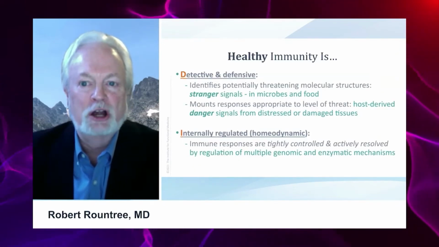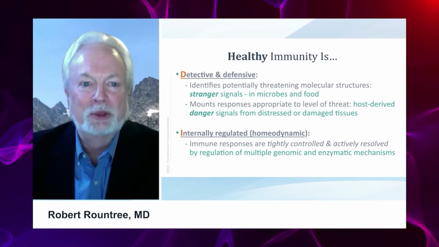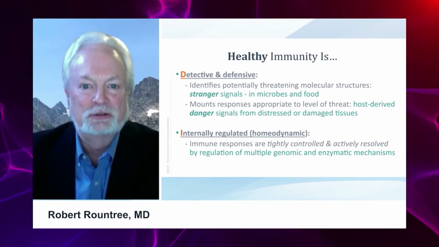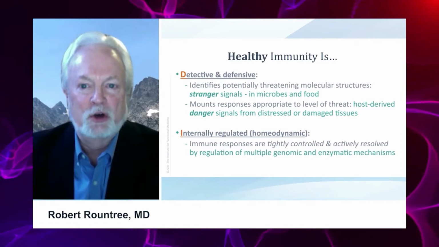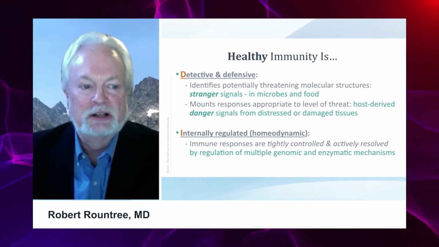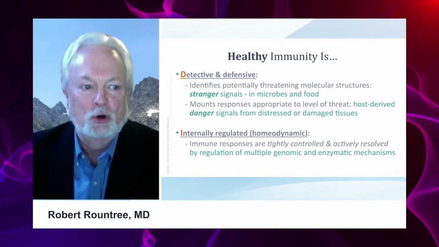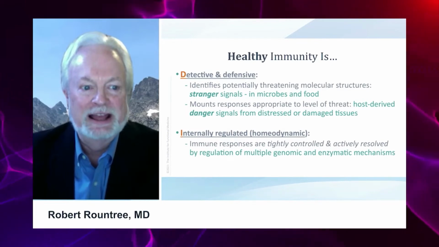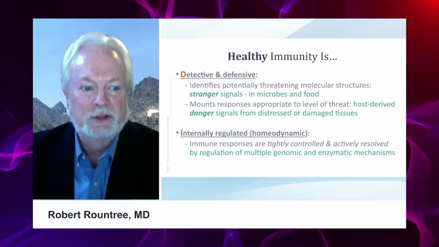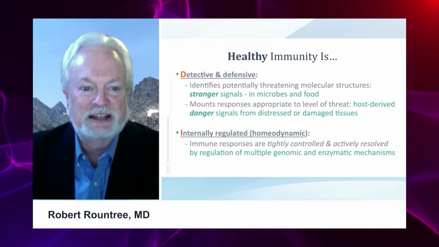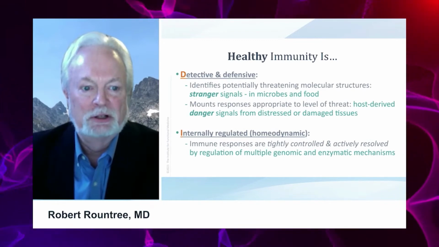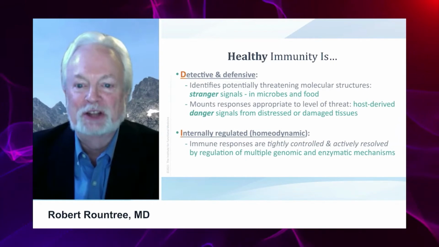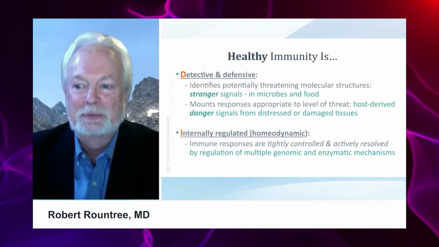I want to start by talking about healthy immunity rather than dysfunction. And there are a few things that we know about healthy immunity. Number one, the goal of a healthy immune system is to be detective and defensive. There are two aspects to this detective phenomenon. Number one is identifying potentially threatening molecular structures.